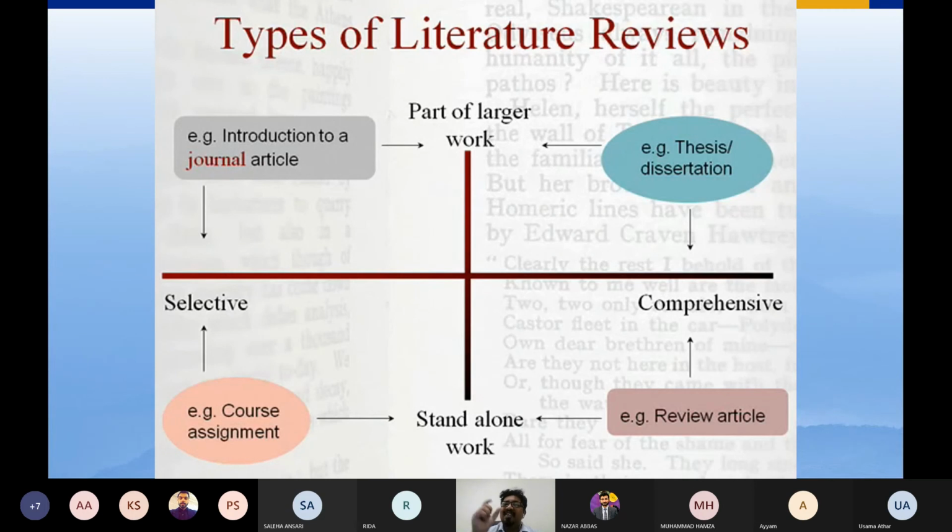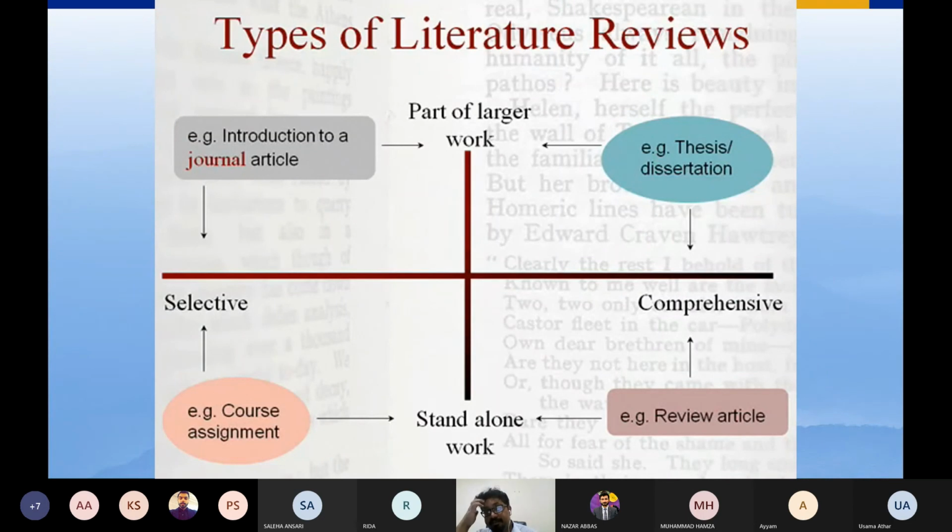So it is very selective, very concise and to-the-point literature. But when you're writing a review article, which is a classification of journal article, or a thesis, there you need to be comprehensive. You need to explain in large paragraphs.